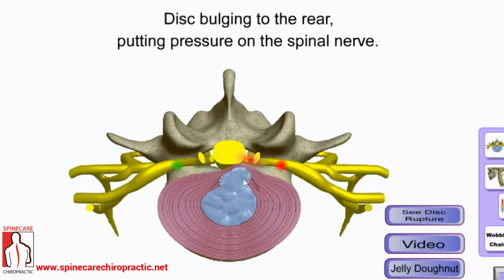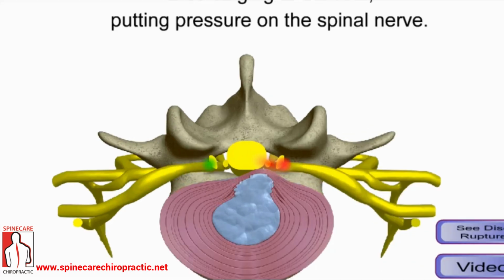So when there's a tear, what happens is the gel-like material, which is like a liquid material, it can actually leak out to the back, and then it bulges to the back and actually presses on the nerve and puts pressure on this nerve. And when there's inflammation, you start to get pain. So this is what a slip disc looks like.